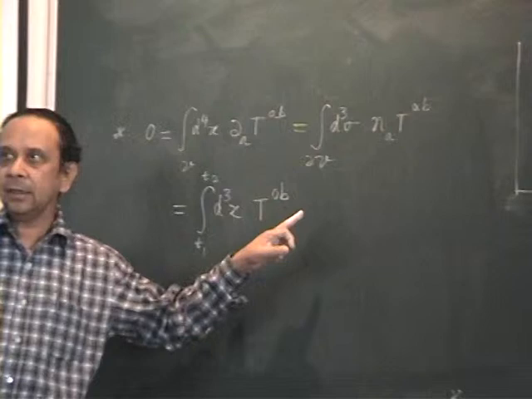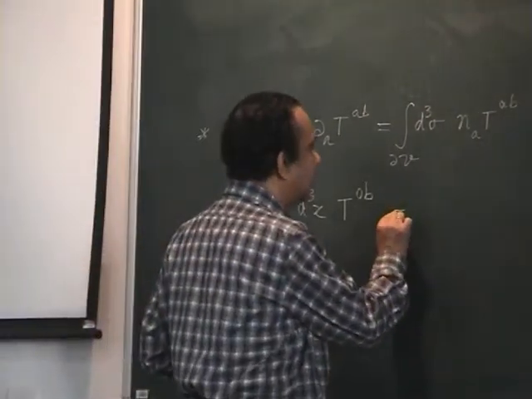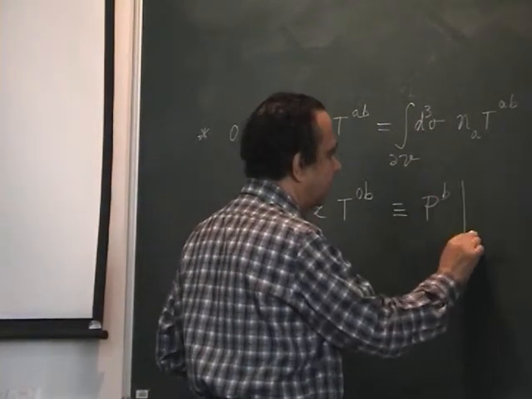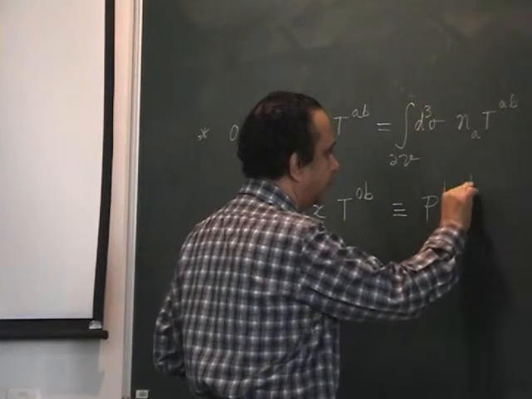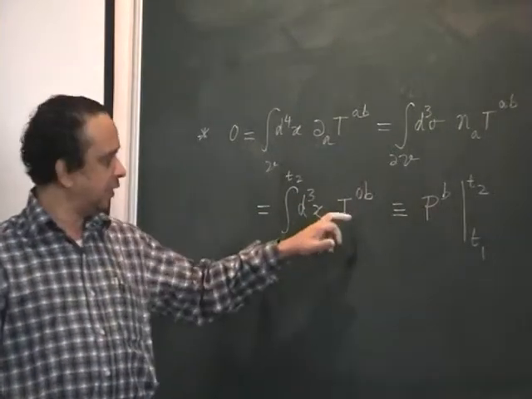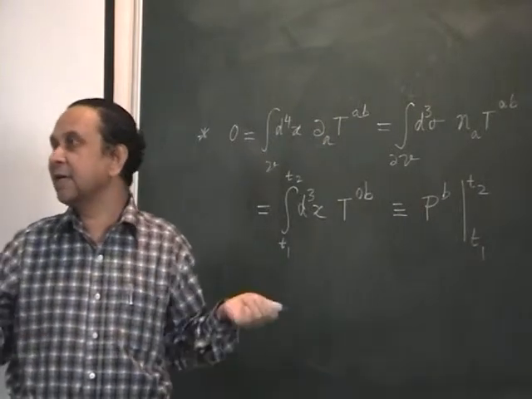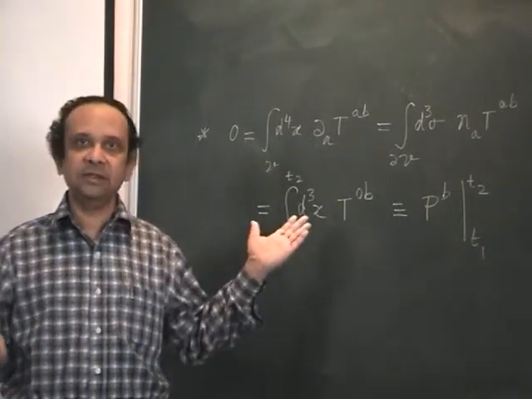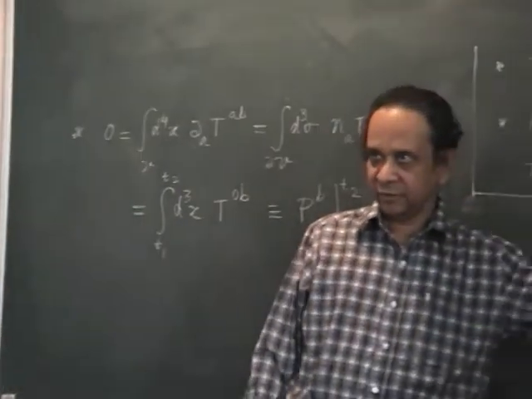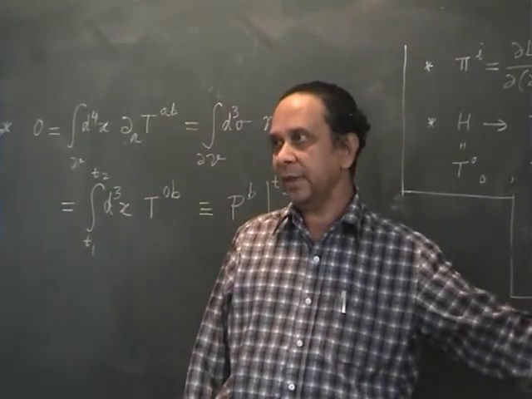If it is alpha, it would have given you the 3-dimensional vector. So this is some quantity which I could have called P^b evaluated between T1 and T2. Because it is conserved, it is independent of T, and it is of course integrated over spatial x at the two boundaries, so it is just a number. You can calculate the total momentum of the system. So you find that the extra bit which we have got in terms of the Hamiltonian is exactly giving you what you need here. Fine.